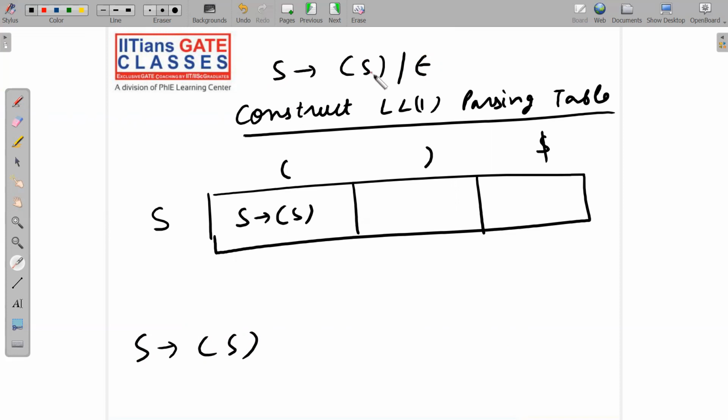In RHS, wherever we find S, the remaining part we have to find first of. So that is closing bracket only. So I have to keep S implies null here. And we already know follow of S will always contain $. So I have to keep S implies null here also. Okay, so I hope I have made the point clear to all of you how to design the table part.